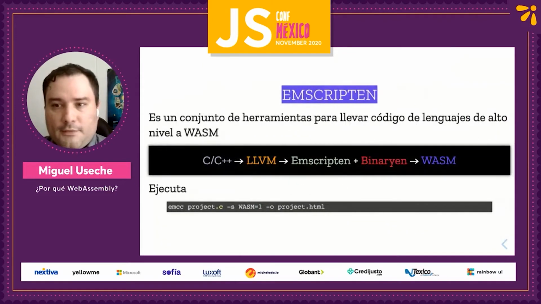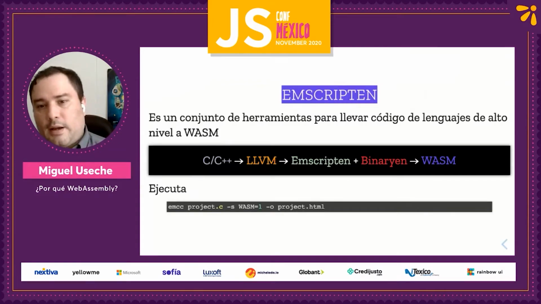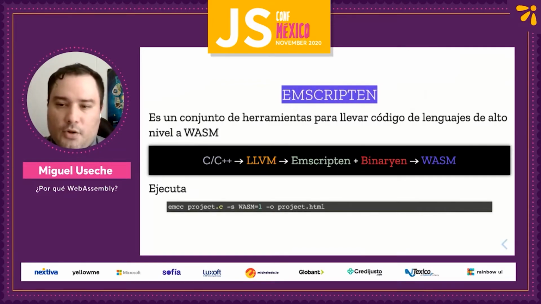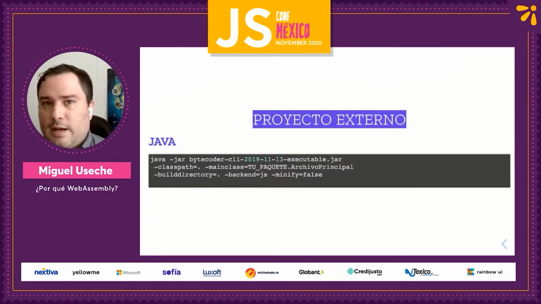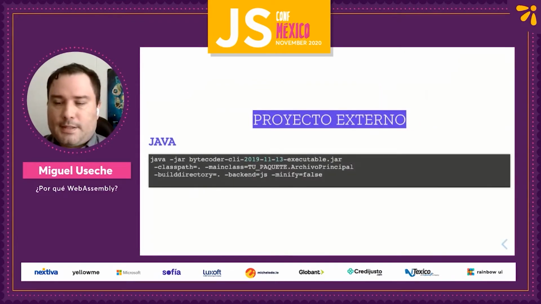Another one is with Emscripten. It uses another one called LLVM, and then we have this virtual machine and it works like this. With Emscripten, we can use different tools and then create this one, and we just need one command. And there's another external project with Java, and we can change from one to the other.